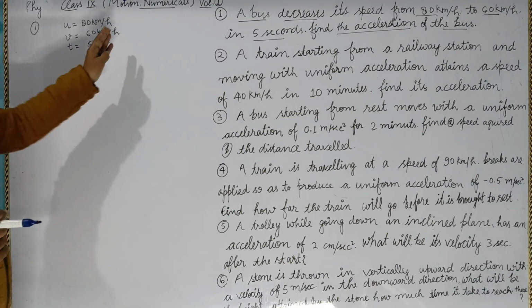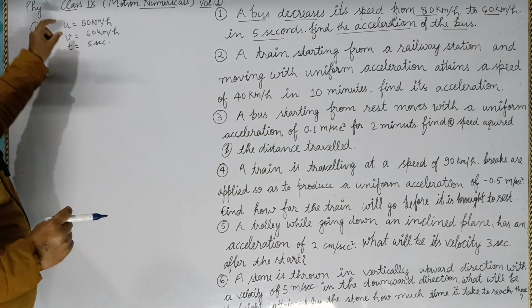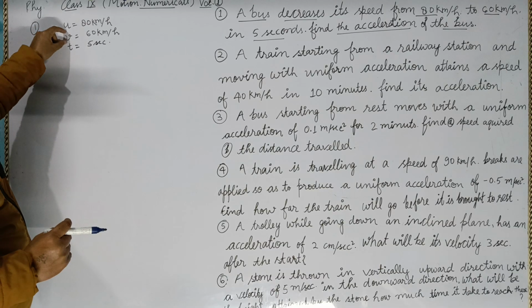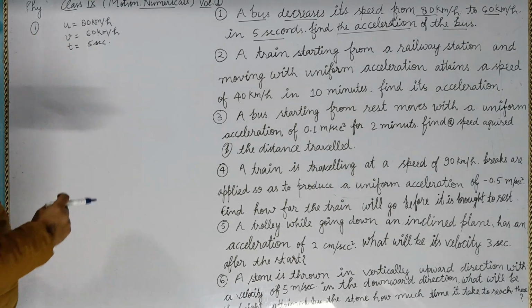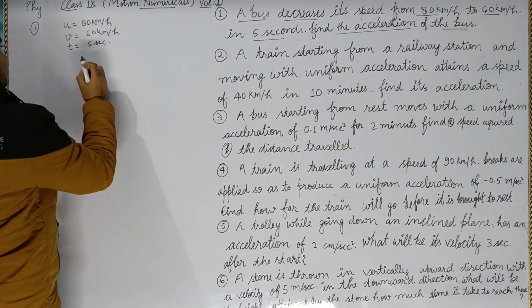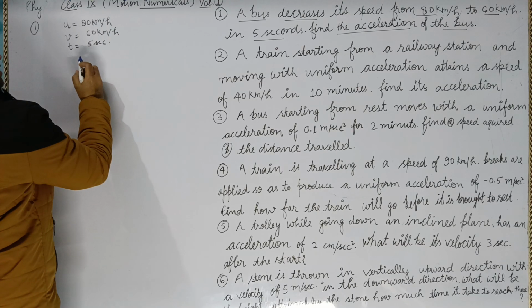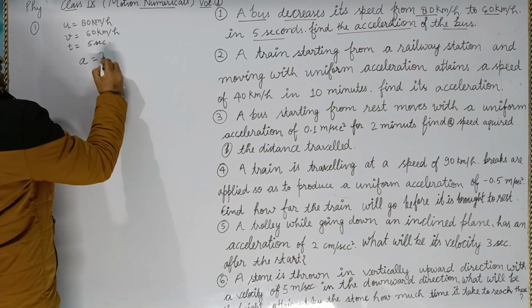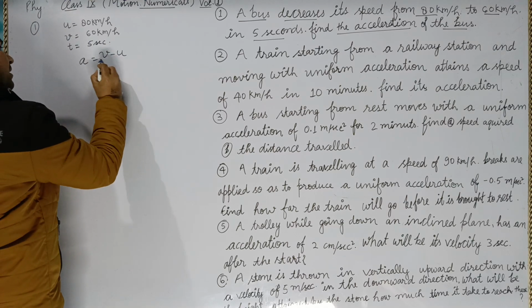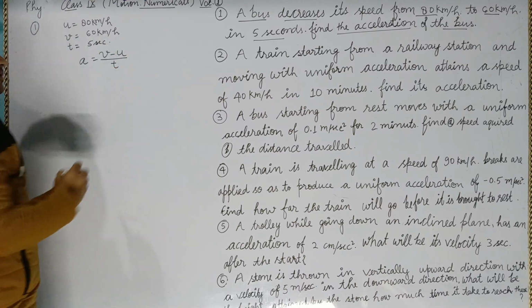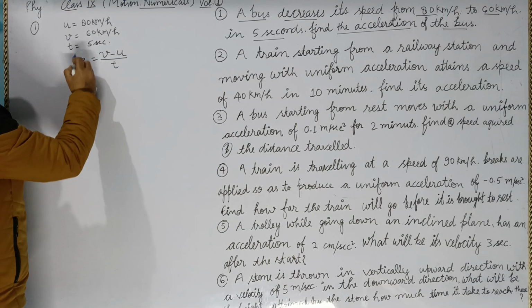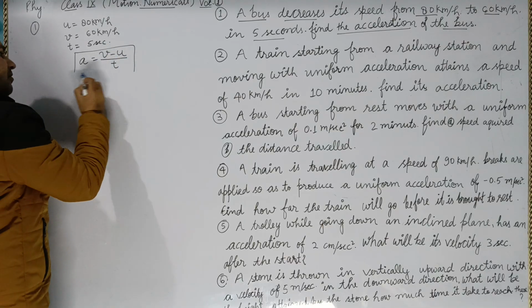These values are given here: initial velocity, and final velocity. So we know that acceleration a is equal to (v minus u) upon t. Simply we use this formula to find the acceleration of the bus.